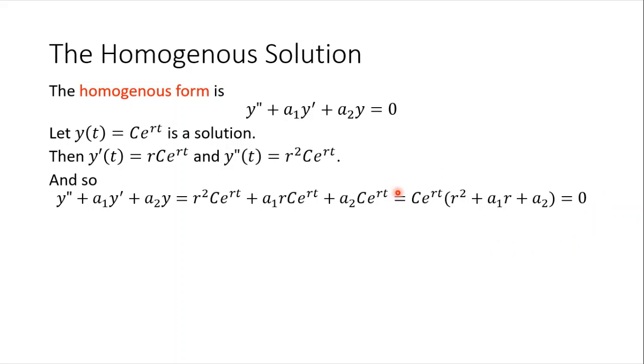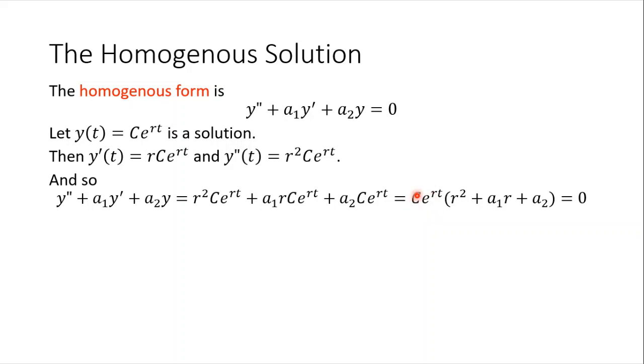So when will this be equal to 0? When C is not 0, this part cannot be 0, because e to the power of rt will not be equal to 0. Actually, it will be a positive value.